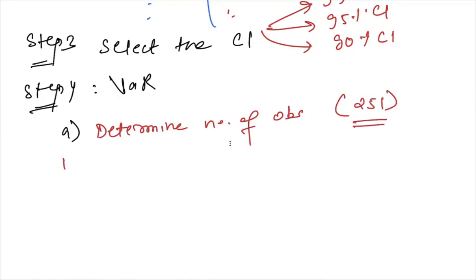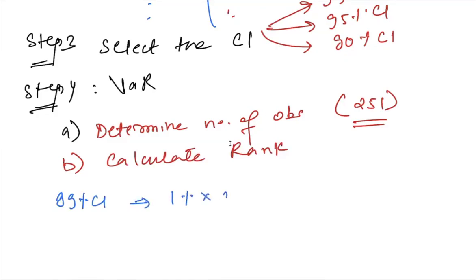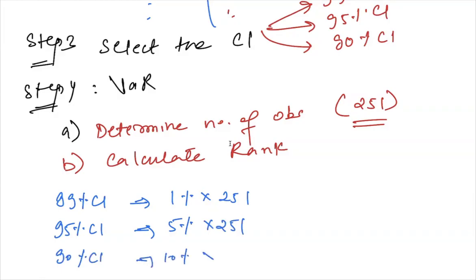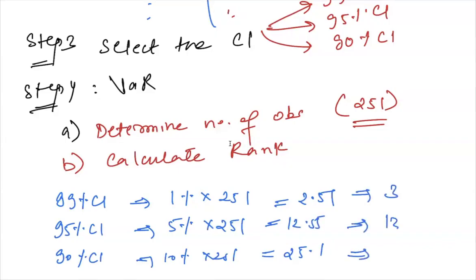Second step is to calculate the rank. For 99% confidence interval, 1% of 251. For 95% confidence interval, 5% of 251. For 90% confidence interval, 10% of 251. You'll just round it up: 3, 13, 26. So these are your ranks.